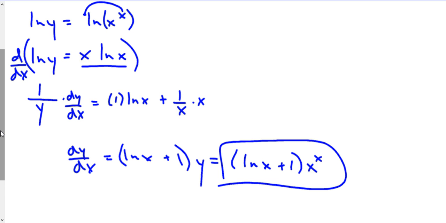All right. Well, let's try another one of these. Let's say y equals x to the natural log of x.